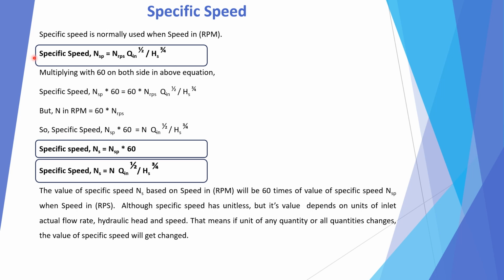Now specific speed is expressed as NSP is equal to N rps into Q in to the power half upon Hs to the power 3 by 4. If you put all these units, you will see this value comes as a constant. So specific speed is a constant, unit is constant.